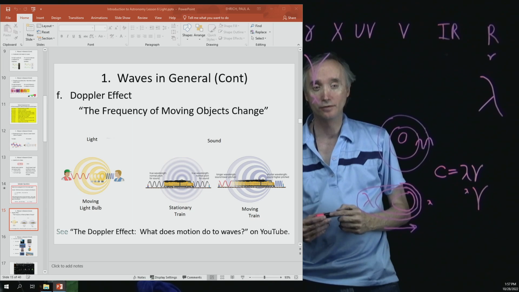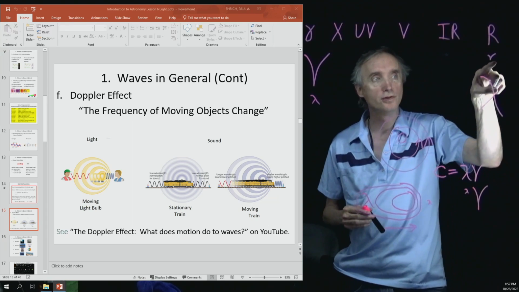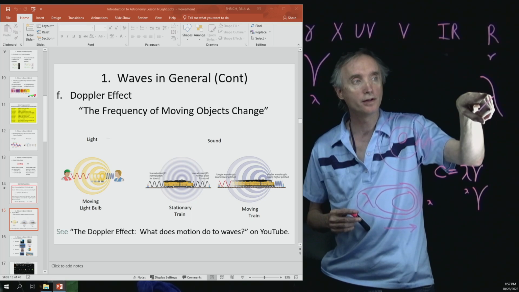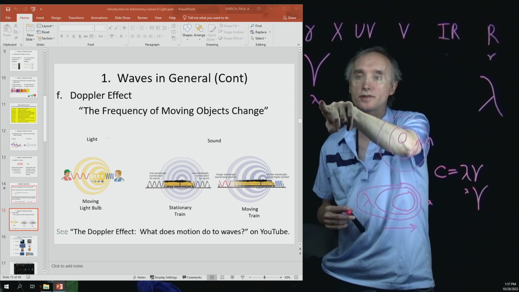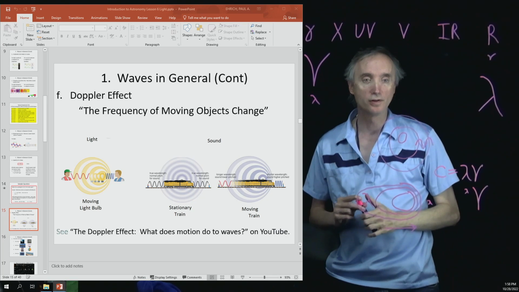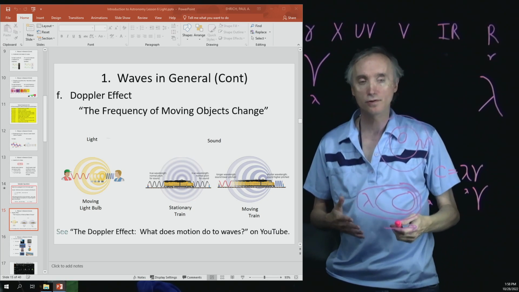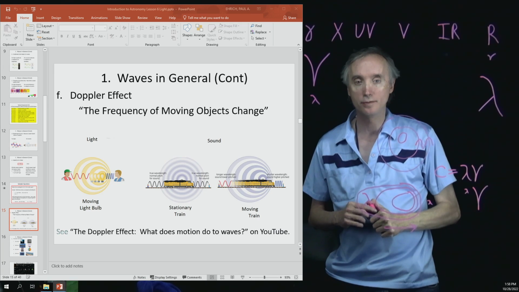Where have we seen that before? Up here. A large wavelength, a small frequency. Over here, a small wavelength, a large frequency. Light does this: if you decrease the wavelength, then the frequency will increase in order to compensate.